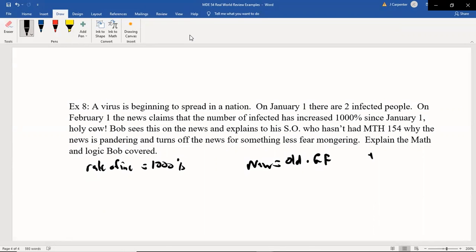And remember that the growth factor is 1 plus the increase, the rate. Now that rate has to be a decimal. 1,000% as a decimal, moving the decimal left twice, is 10. So 1 month later, the new amount of people infected is the old, which was 2 people, times the growth factor of 1 plus 10.